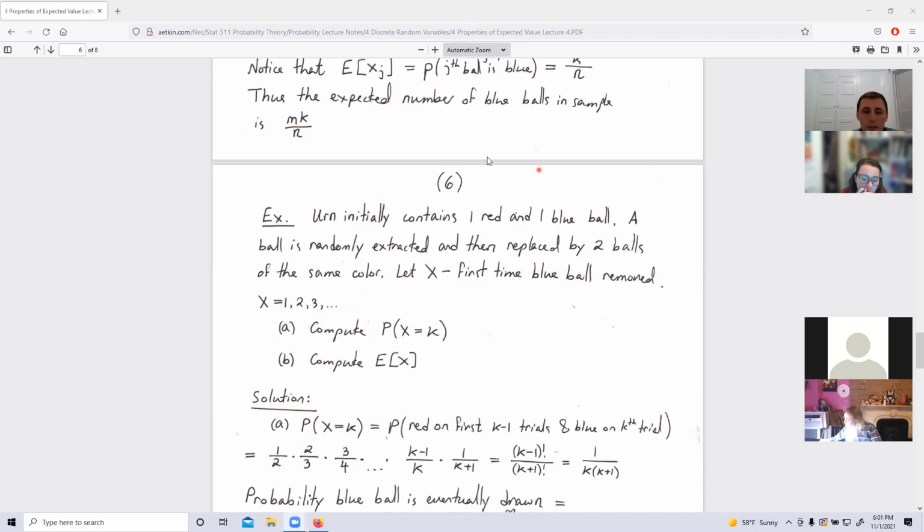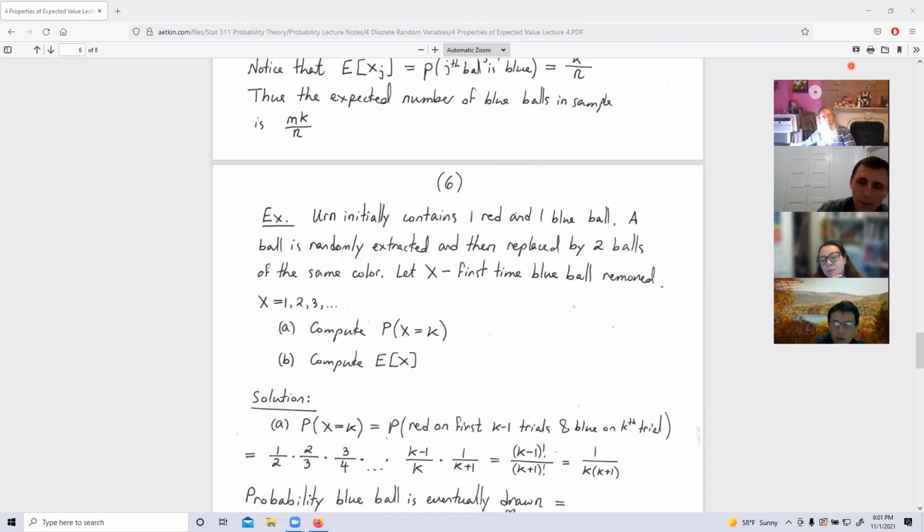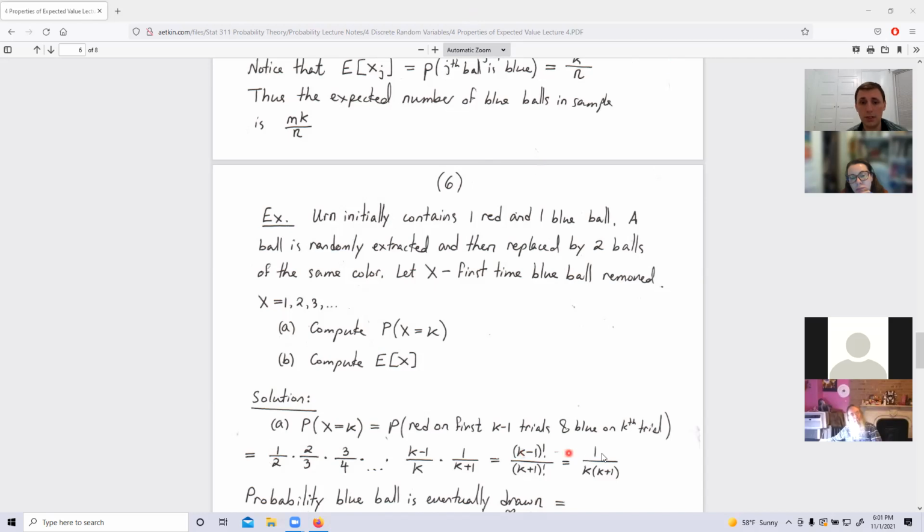Good. Guys, always be very methodical about it, either conditional probability or counting protocols, whichever you find useful in the situation, right? And then you will not make a mistake. So it's 1 over k plus 1.